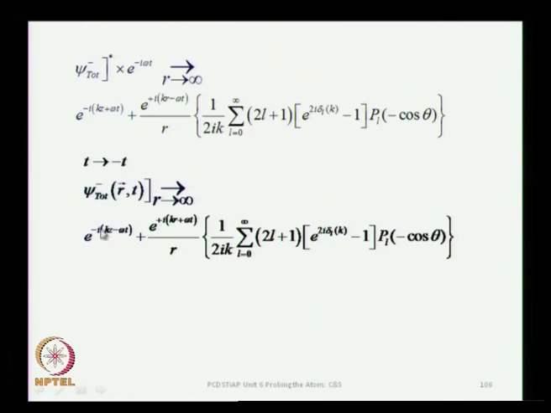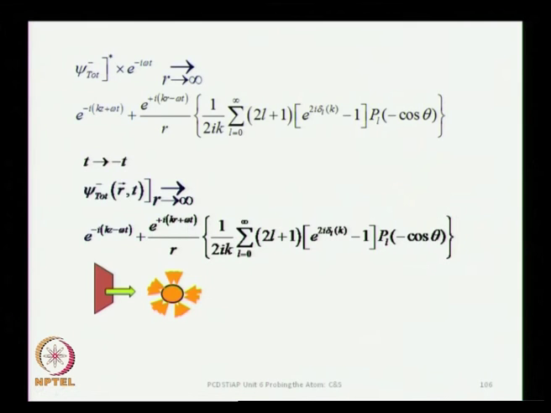Now what do you get? So this was plus omega t, this becomes minus omega t, this was minus omega t, this becomes plus omega t, that is what has happened, everything else remaining the same. And the picture that you get is, this is a plane wave which is moving from left to right, and this is kr plus omega t.